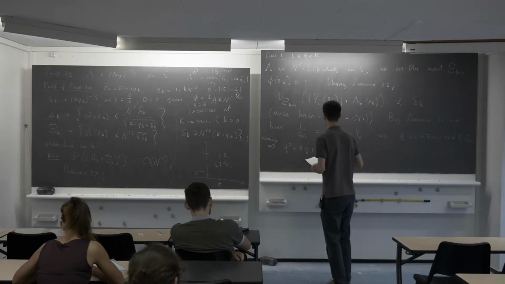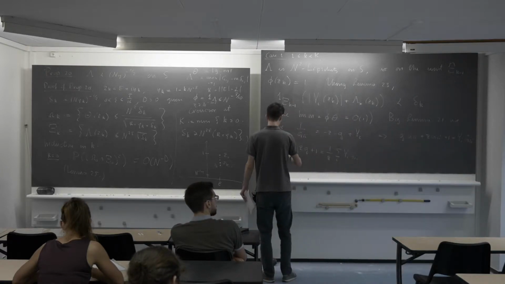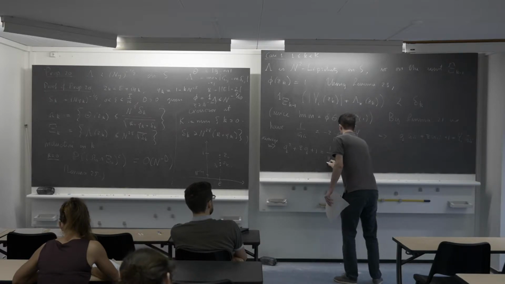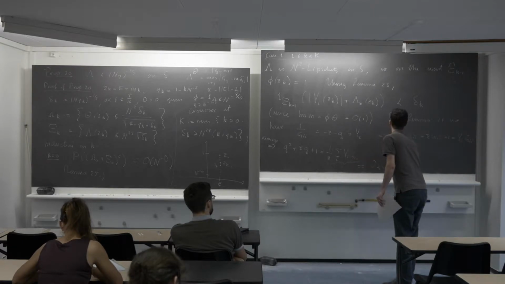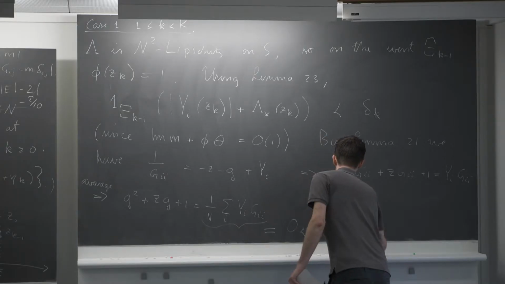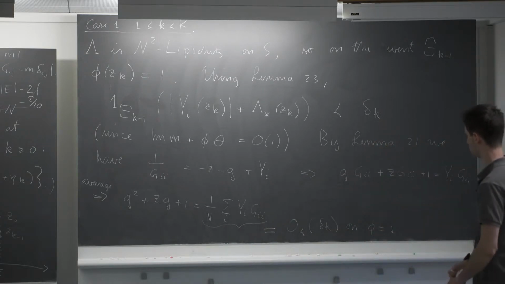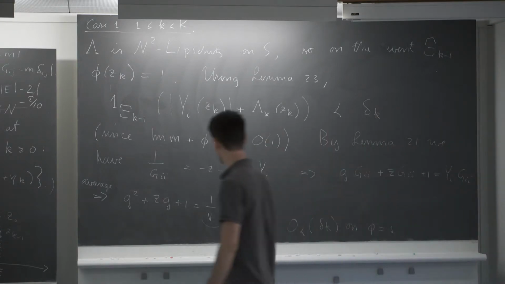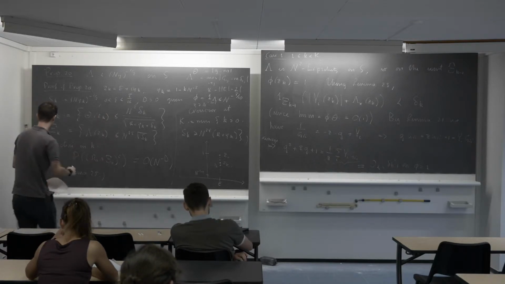Okay. Now, if I'm working on the event, now I can multiply. So on this thing here, this is equal to delta k, as we just saw. On the event phi is equal to 1, this thing is of order delta k. And then I will use this stability result for the roots of the quadratic equation.